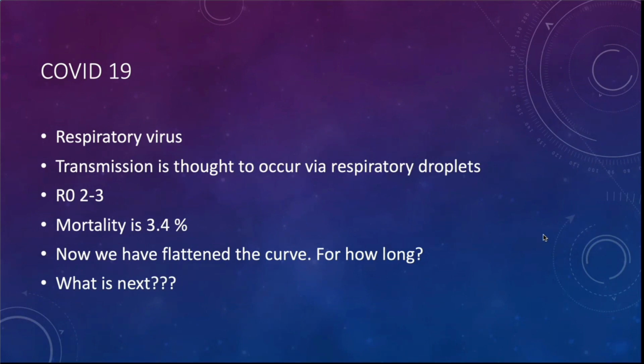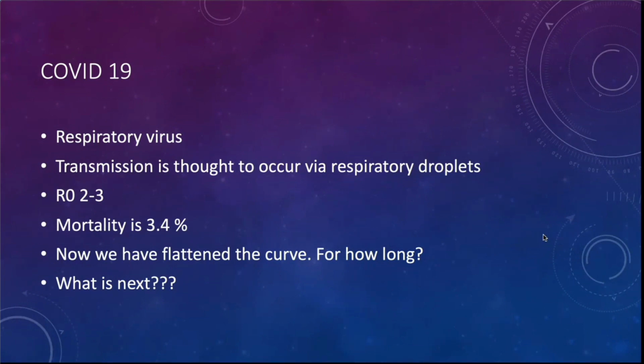COVID-19 is also a respiratory virus. Transmission is thought to occur from respiratory droplets, just like influenza. The virus has been found in blood, stool, and ocular secretions, but the role in transmission is very controversial. The rate of transmission is 2 to 3, so one infected person can have 2 to 3 secondary infections.